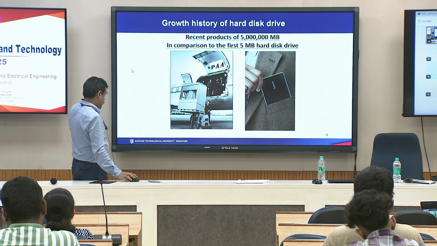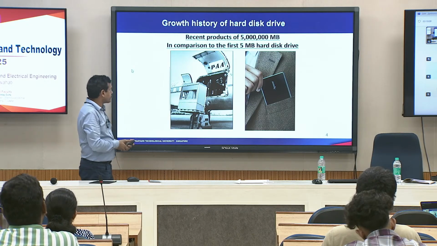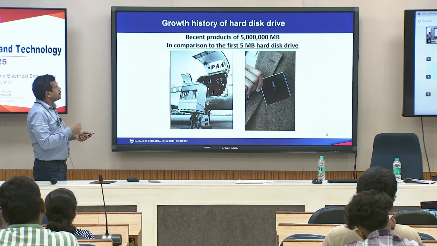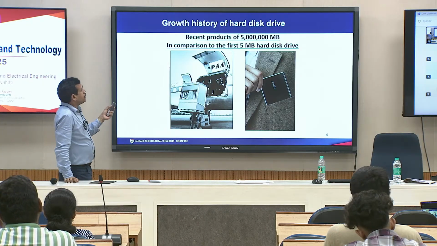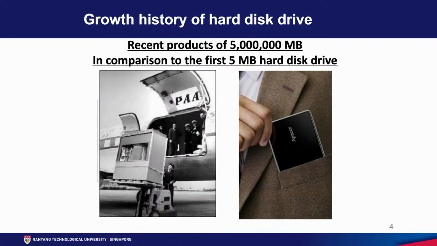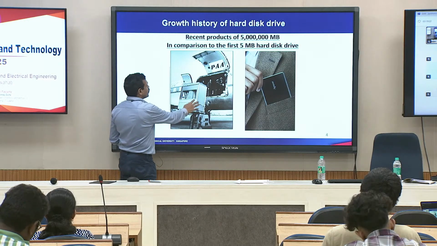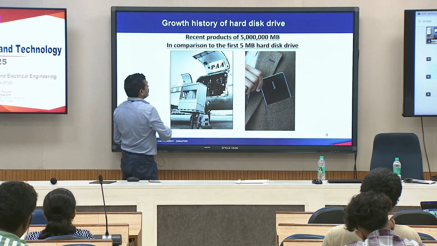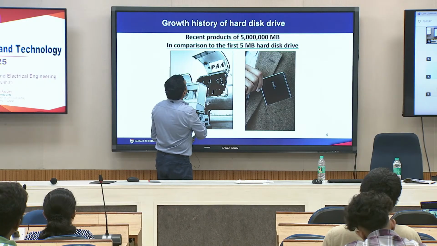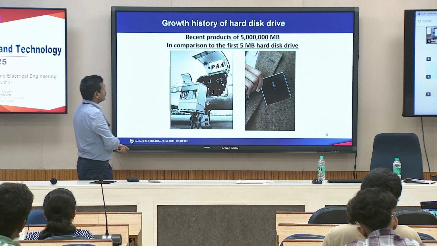Okay, so let us start from here. The hard disk technology was introduced in 1956. At that time the hard disk looked like this whole piece, which people used heavy equipment to move, and the hard disk drive could store 5 megabyte.